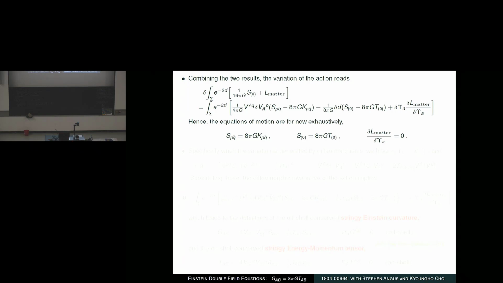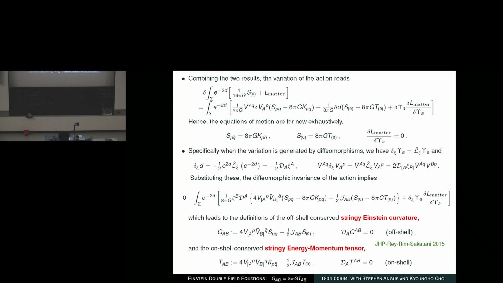This is the equation of motion for the matter, the Euler-Lagrange equation. We have these two equations, and in the next slide these will be unified into the Einstein double field equation. For this, we consider further that the variation is all given by diffeomorphism. And what I'm doing here is the standard prescription in usual GR.